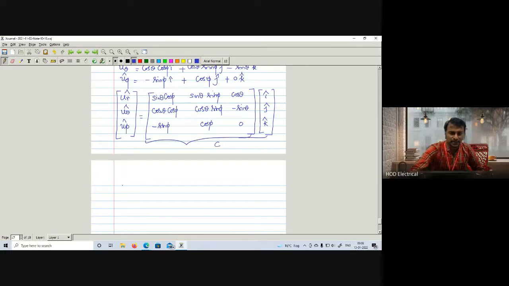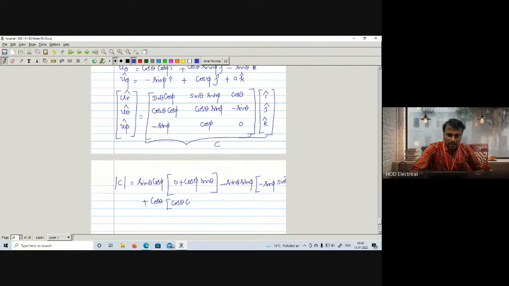Taking the determinant of this C matrix, we have sin theta cos phi into 0 plus cos phi into sin theta, minus sin theta sin phi into minus sin phi sin theta, plus cos theta into cos theta cos square phi plus cos theta into sin square phi.